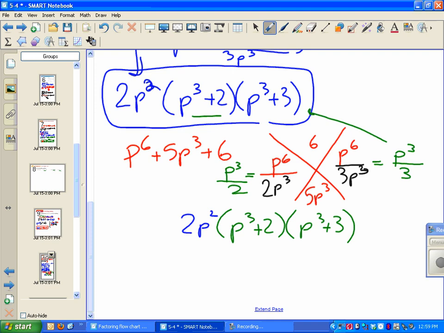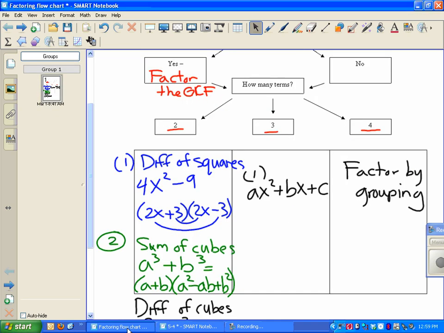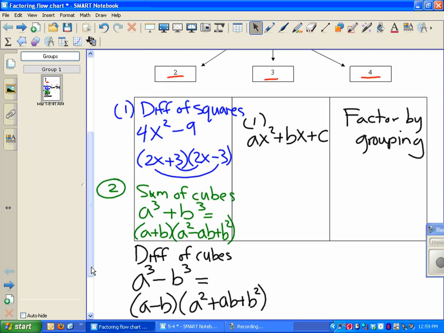Right, so when we go back to our factoring flowchart, for 3 terms, now you're also looking for quadratic forms. So that would be ax to the 6 plus bx cubed plus just a number. It also could look like ax to the 4th plus bx squared plus c.